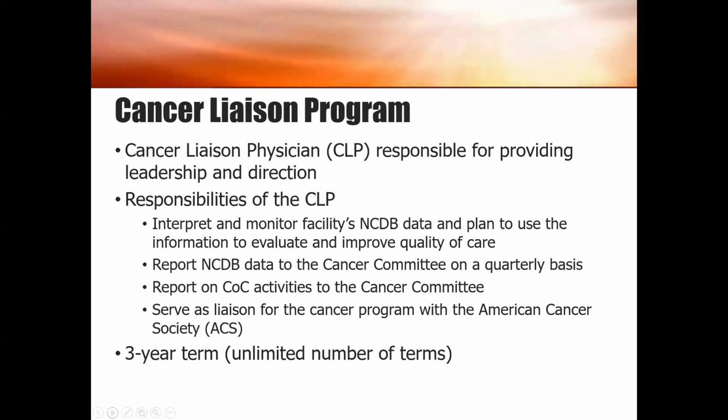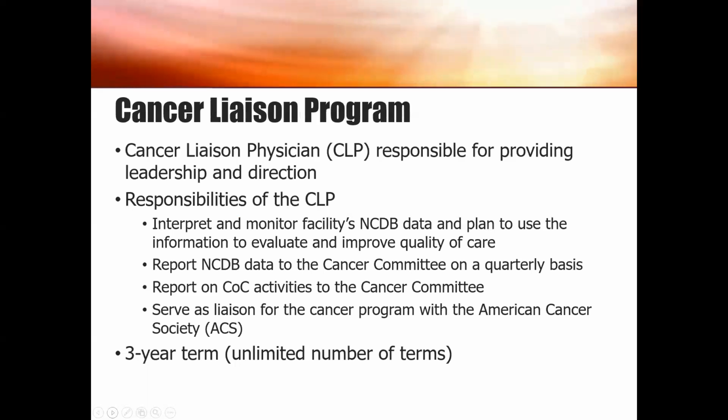Reporting on CoC activities to the cancer committee. If there are new things happening, changes, then the CLP would report that to the cancer committee. One example would be when the AJCC 8th edition was coming out.